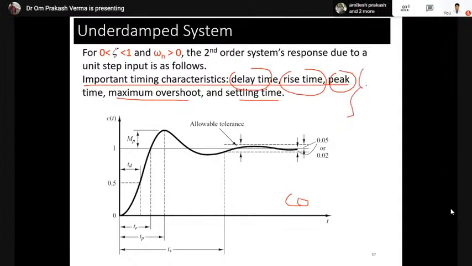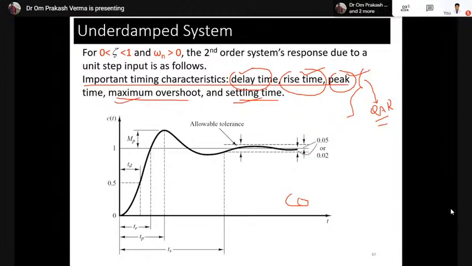And besides that, in tuning we will discuss the quarter amplitude ratio. One by one, we will try to clear what the delay time is, what the rise time is, what the peak time is, what the maximum overshoot is, and what the settling time is.